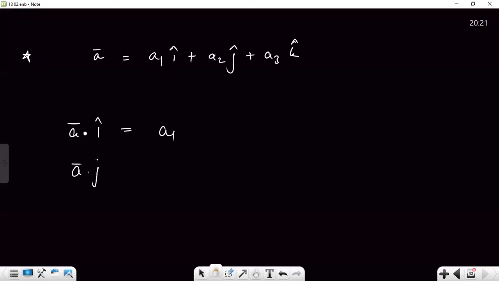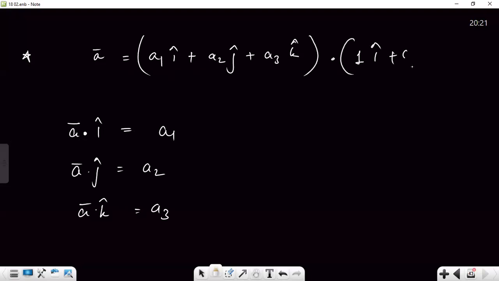Similarly, A vector dot j cap will be the coefficient of j cap, and A vector dot k cap will be the coefficient A3. Why? Because if we take a dot product with i cap, it means 1 i cap plus 0 j cap plus 0 k cap. So 1 into A1 becomes A1, A2 into 0 becomes 0, A3 into 0 becomes 0. So only A1 is left. Is that clear?